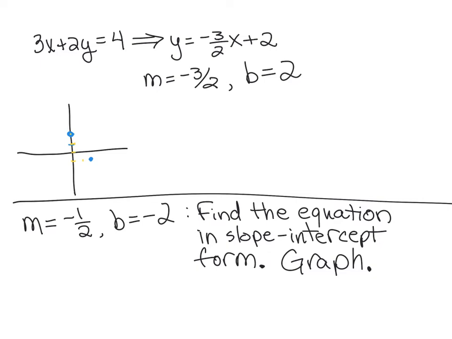I went down, over, down and over to the right. But my m also equals positive 3 over negative 2. Remember, 2 points make a line, but 3 points make you sure. So from the point that I started with, the point I know is on my graph, I can also go up 2, 3, and backwards 2.